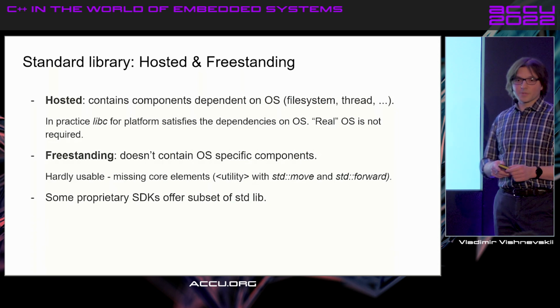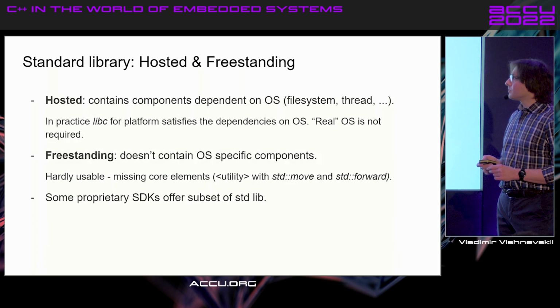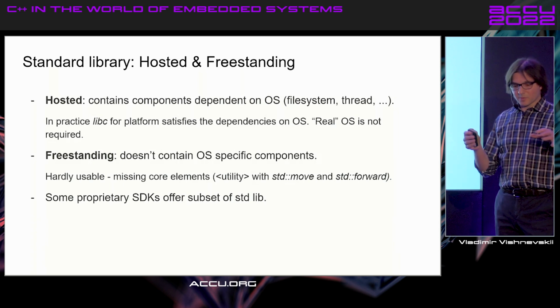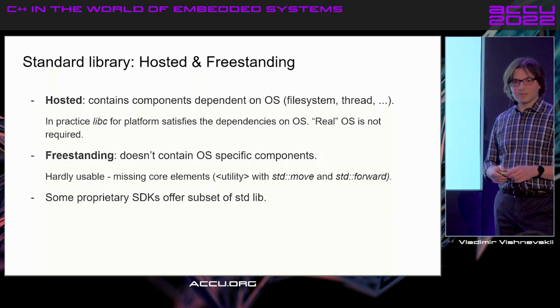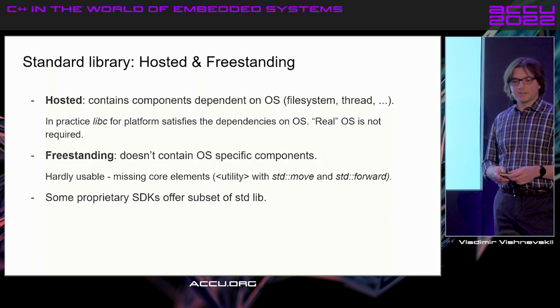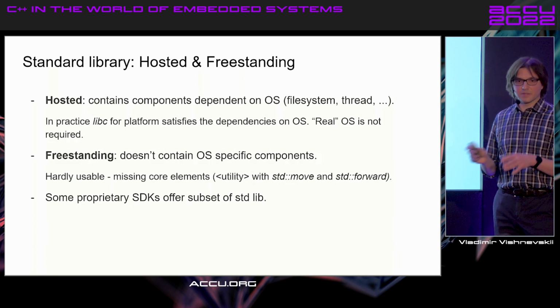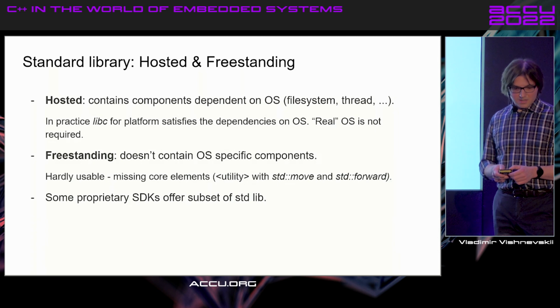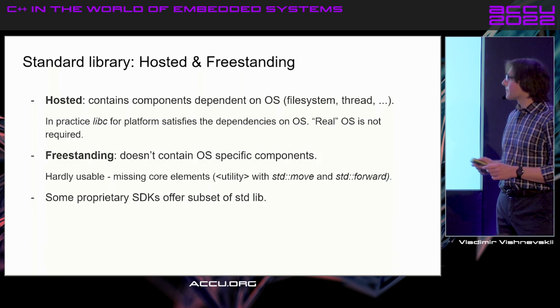And in case of some proprietary platforms, we can have some SDKs that have some subset of the standard library. They will just cherry pick some parts that are working, and of course they will drop headers like the file system, something that they cannot support.